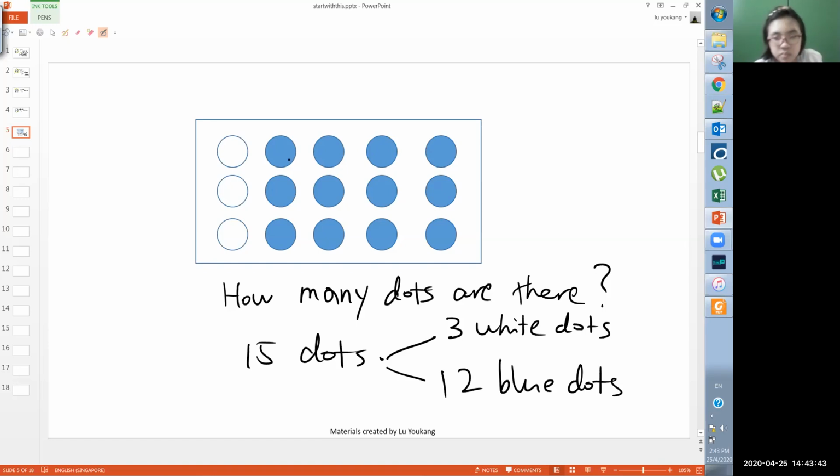Do you count like this? 1, 2. No. Then how do you count? 15 minus 3. That is one way. Then you can also count like this: 1, 2, 3, 4, 5, 6, 7, 8, 9, 10, 11, 12, to double check your answer.